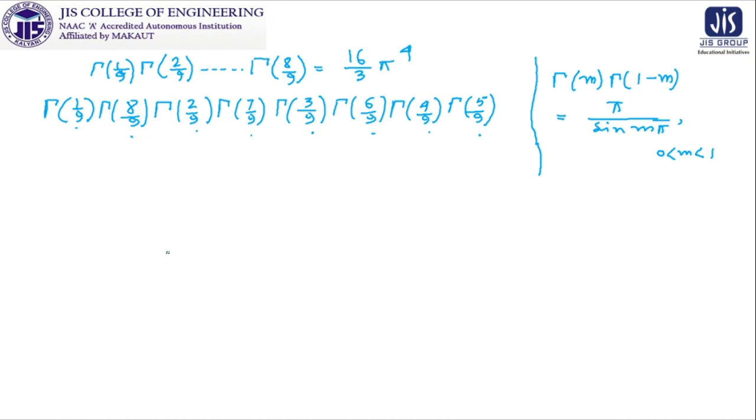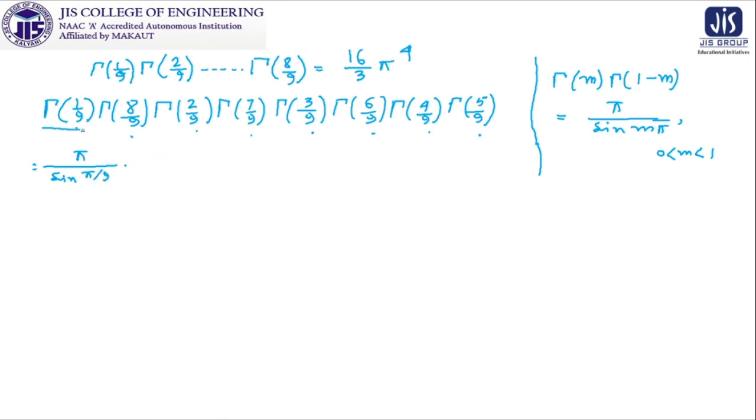And the next steps are, from the structure, we can write this as pi by sine m pi. m is here 1 by n, so I am writing it as 1 by n into pi, that is pi by n.